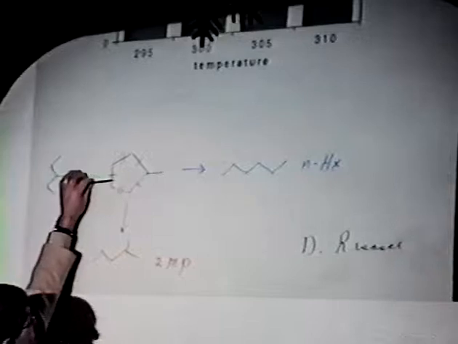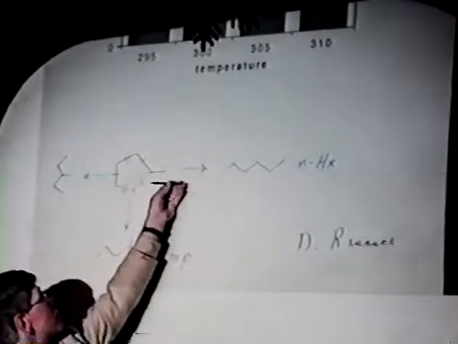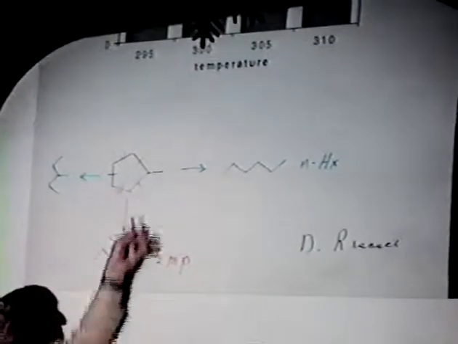And you expect a selectivity change when you force it to go down the channel, because energetically you might have thought it would approach the platinum particle blocking the pore either methyl end first, or this end first. So the prediction would be if there's a geometric effect, you'll shift selectivity away from 2-methylpentane towards N-hexane or towards 3-methylpentane. And in fact, that more or less works.